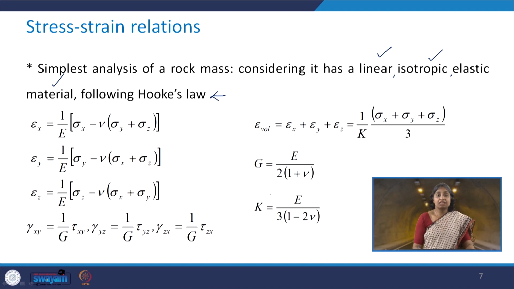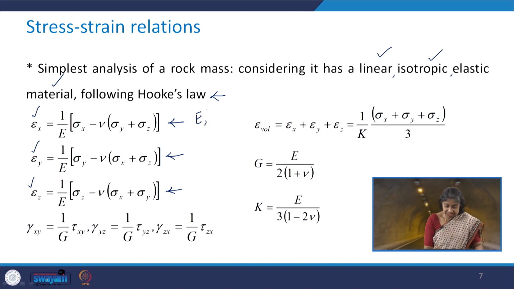So we will have the modulus of elasticity, and you see that in the general 3-dimensional situation the strains epsilon x, epsilon y and epsilon z are related to the stresses sigma x, sigma y and sigma z, along with the elastic properties of the rock, that is E, the modulus of elasticity, and nu, the Poisson's ratio. Similarly, shear strains are related to shear stresses and the shear modulus, which is G.